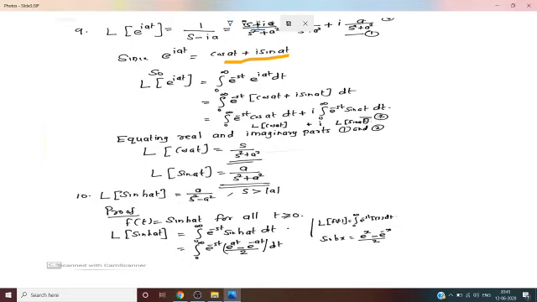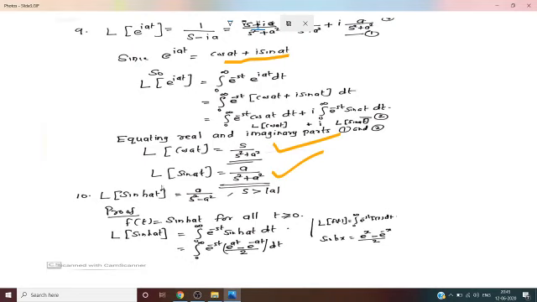Now this is equation number 2, and equating equation number 1 and equation number 2, we get Laplace transform of cos at equal to s by s square plus a square, and Laplace transform of sin at equal to a by s square plus a square.